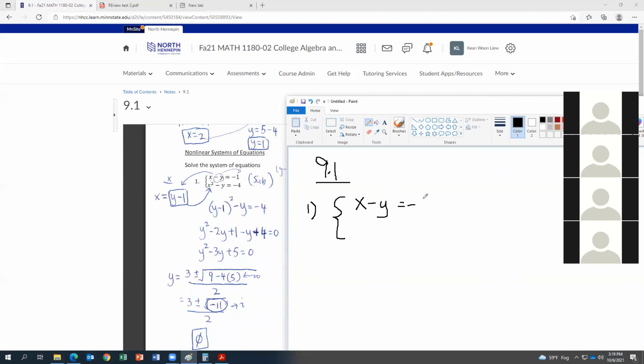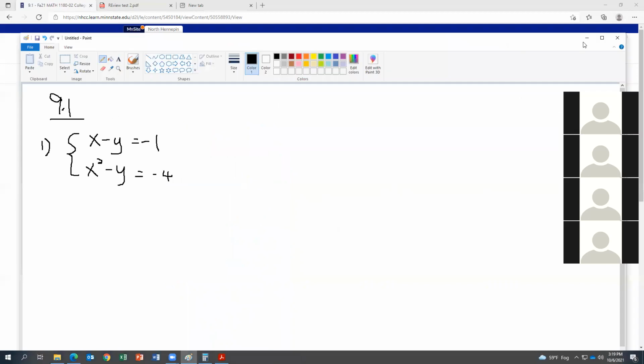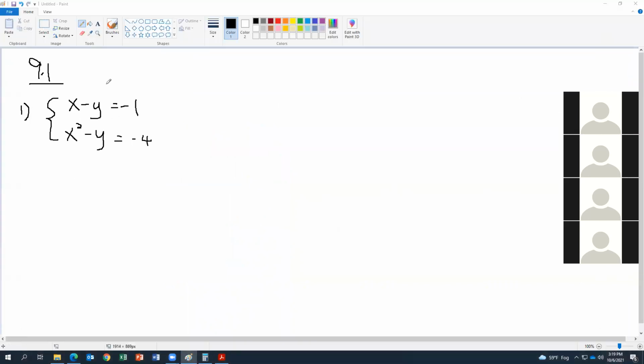So this is x minus y equals -1, and x squared minus y equals -4. The majority of the time, when we solve this kind of equation, we only have 2 ways to do it. Either we do it by elimination or by substitution. For this, I can tell you that 80% of them are by substitution. So how do we do this by substitution?